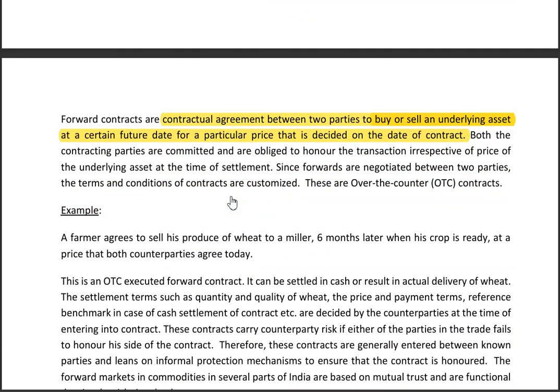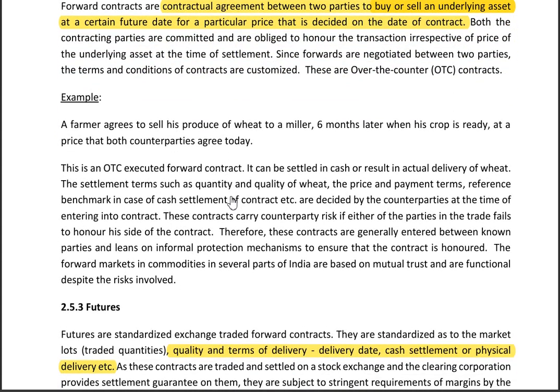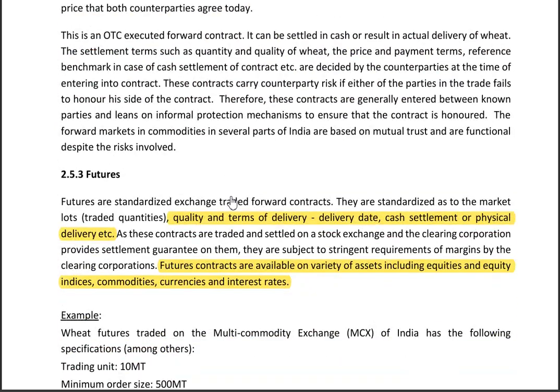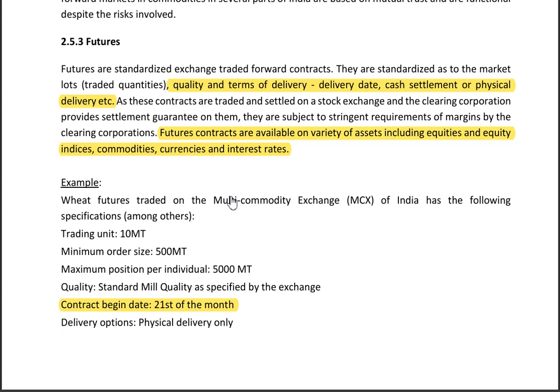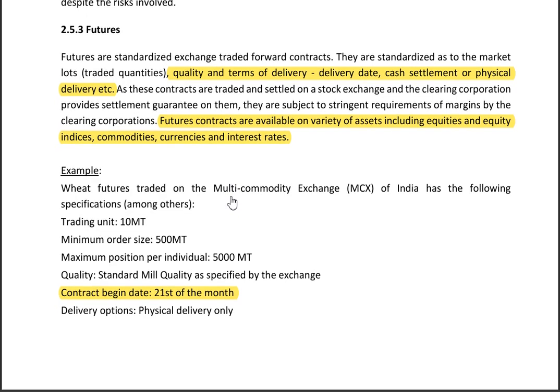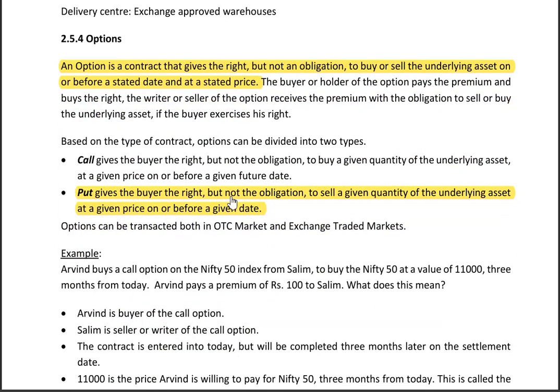Forward contracts are an agreement between two parties to buy or sell an underlying asset at a future date at a predetermined price. It is traded over the counter. Futures are similar to forwards, but they trade on exchanges, stock exchanges. An option is a contract that gives the buyer a right, but the seller has an obligation.